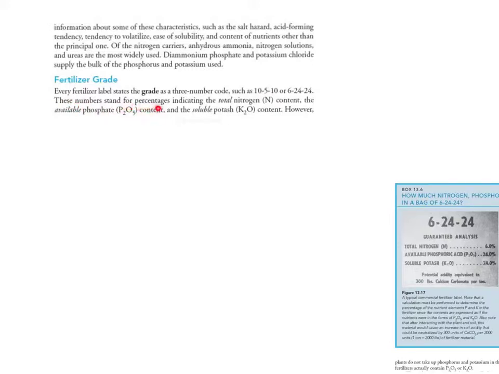And it says these numbers stand for percentages indicating the total nitrogen, the available phosphate, P2O5 content, and the soluble potash, K2O content. And then it says, however, plants do not take up phosphorus and potassium in those forms, nor do any fertilizers contain P2O5.